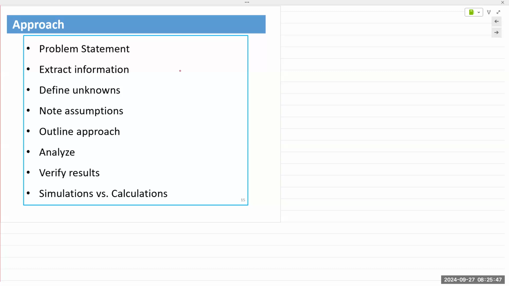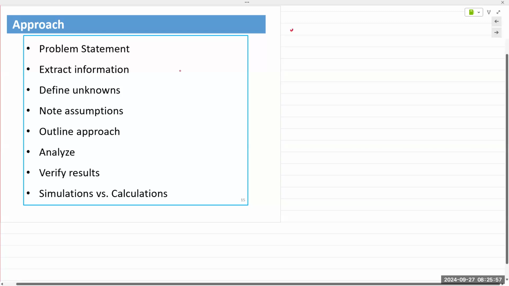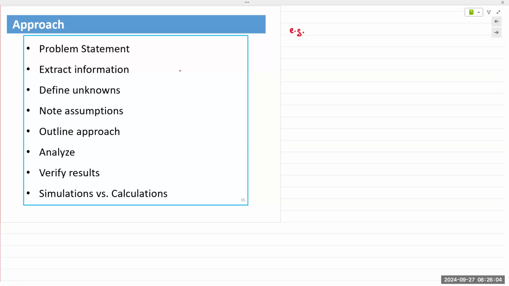It would also be given in either a timing diagram or a graphical description of a voltage or a current. Okay, I'll give you an example. Read the problem statement, understand the problem statement, and then extract as much information as you can from the given information. Apologize, my allergies are making it really worse at this time of the year.